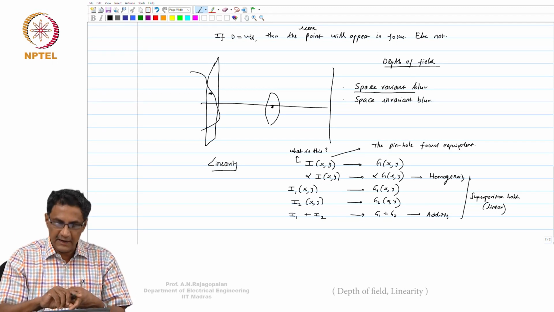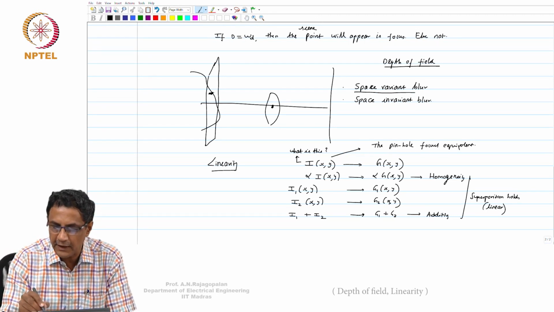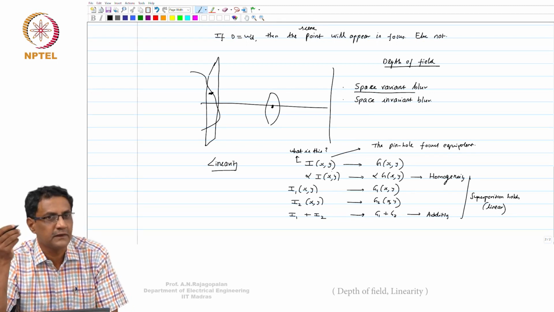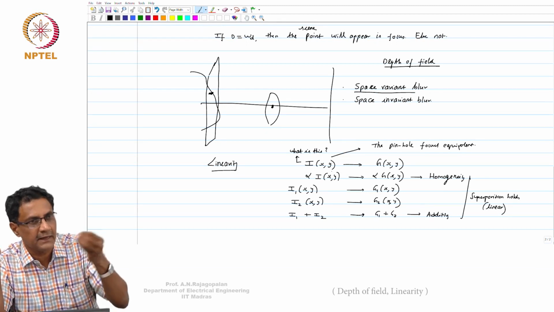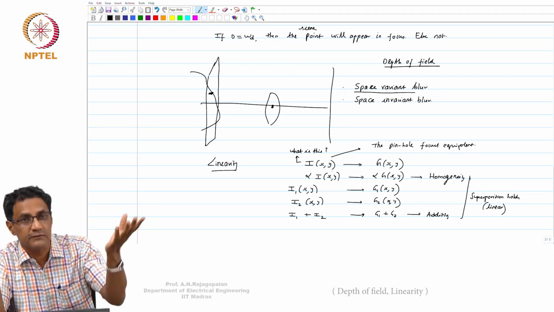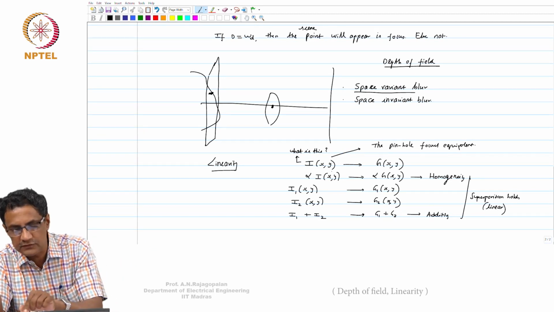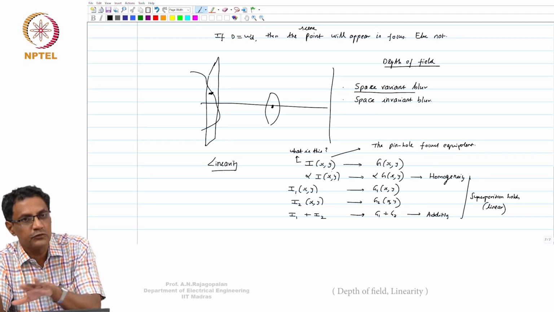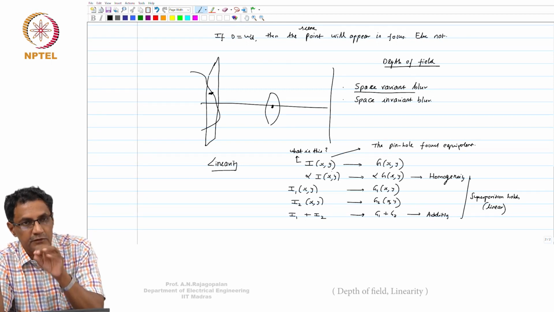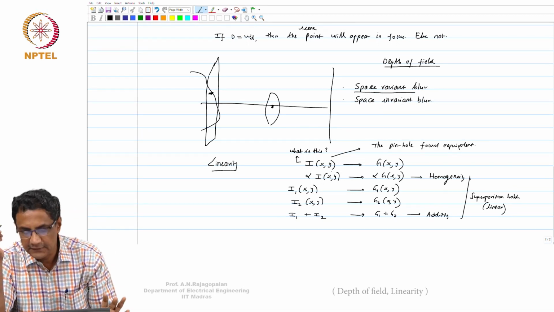And now we want to understand that. So it's like saying that I have a point light source. Let's start with a point light source, because then we can have one point light source, add one more point light source, and then place both of them together. That's a way to argue. When you have one point light source, you see a focused point, and when you introduce a lens, something will change.